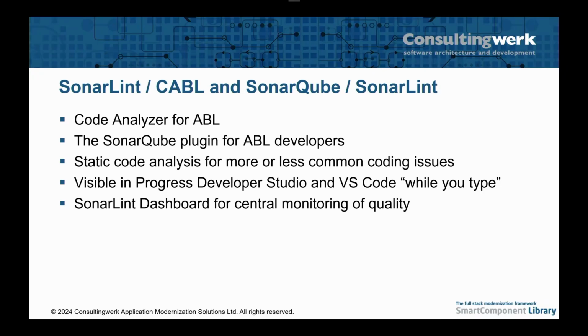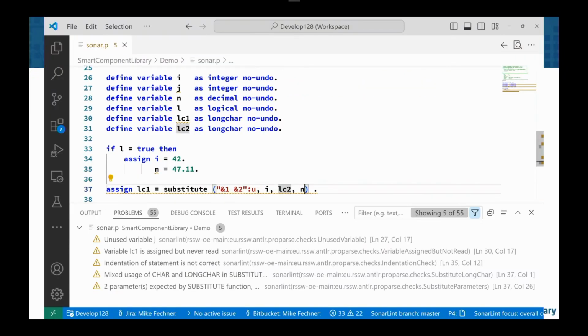And through a plugin by Riverside, it also supports ABL code and does static code analysis, so it reads the source code and finds issues there based on rules and logic implemented in the plugin. It's visible in Developer Studio and VS Code, and it provides a web dashboard for monitoring.